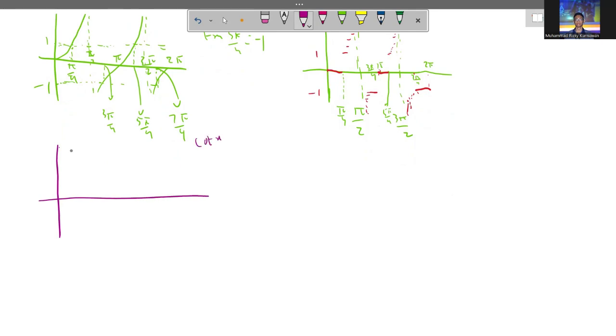For cotangent of x, this is equal to cosine x over sine of x, meaning it will not be defined when sine of x is equal to 0. So it means your asymptotes are 0 and pi. So this is pi, and this is 0. And then what does the graph look like? The graph looks like this.